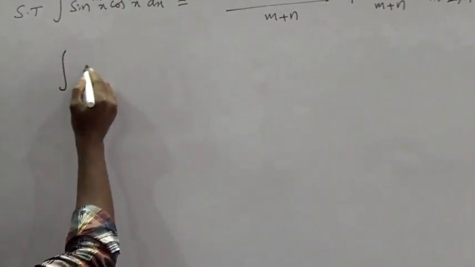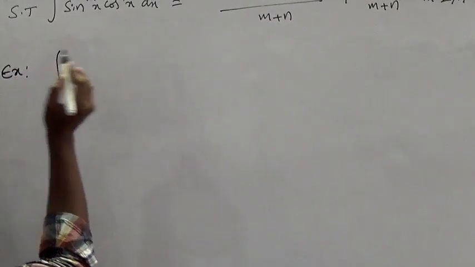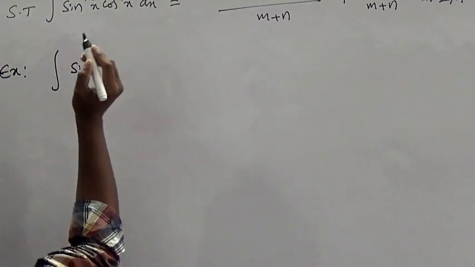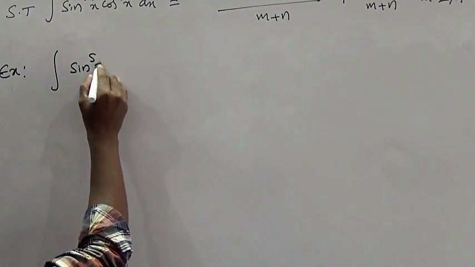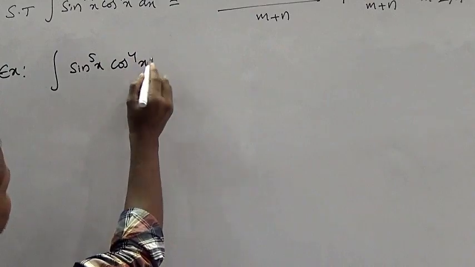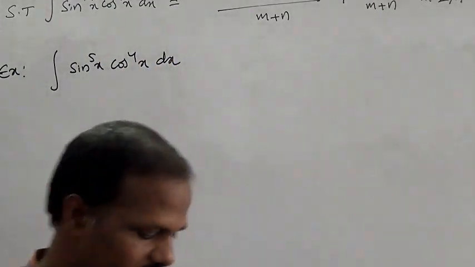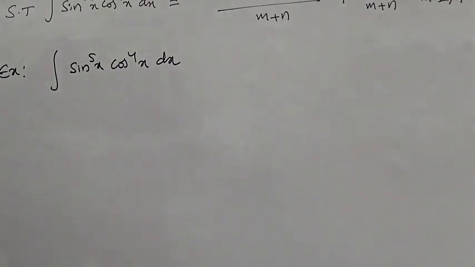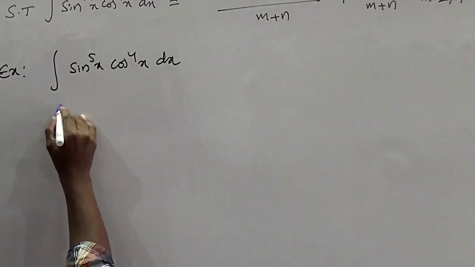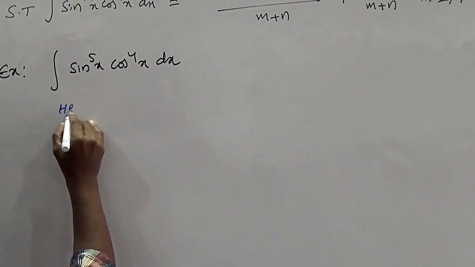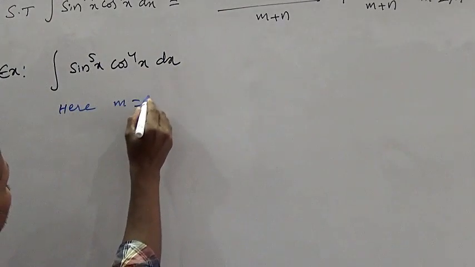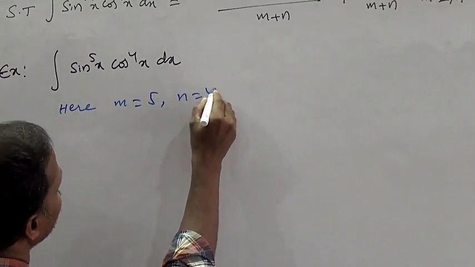So find the integral of sin power 5x cos power 4x dx. Now by using this reduction, what is the value of m and n here? Here m equal to 5, n equal to 4.